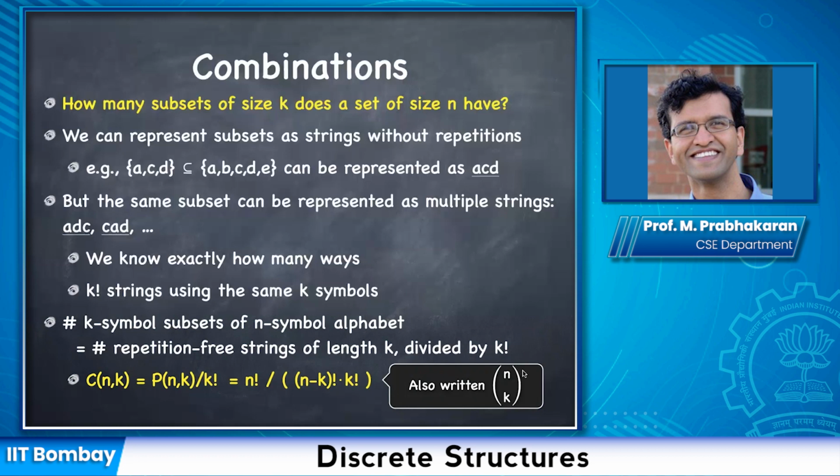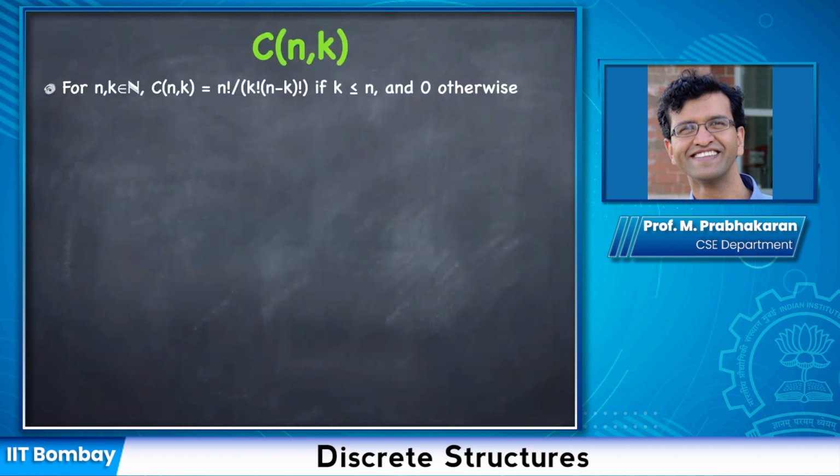By the way, Cnk is how I would write it in the slides, but more often you would encounter it using this notation, which you can read as n choose k. So there's a number of ways in which you can choose a subset of k from a set of size n. So this quantity n choose k is quite important.